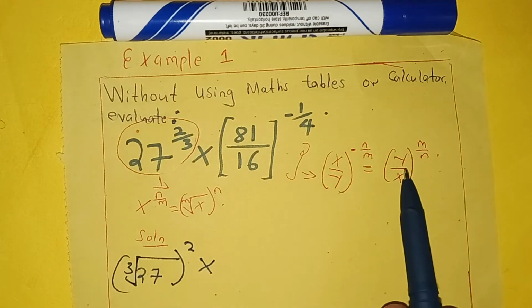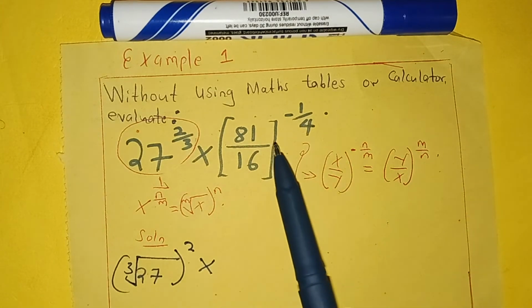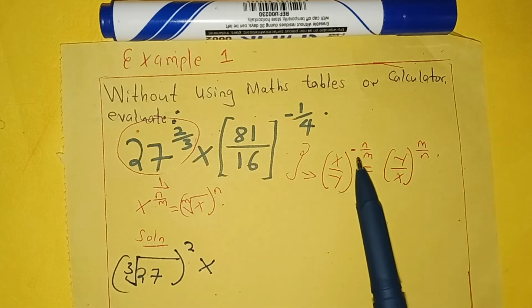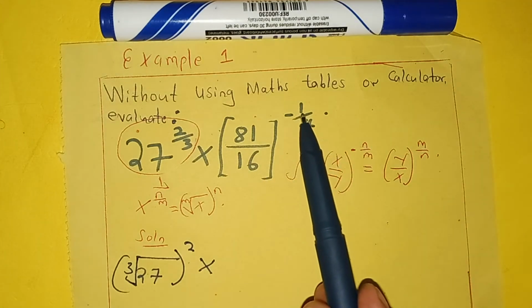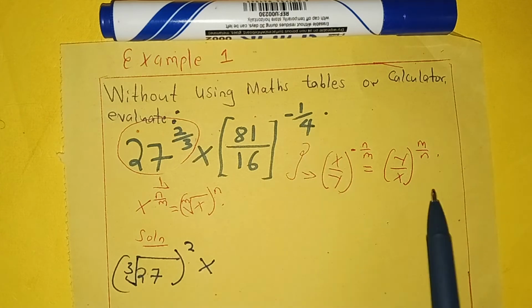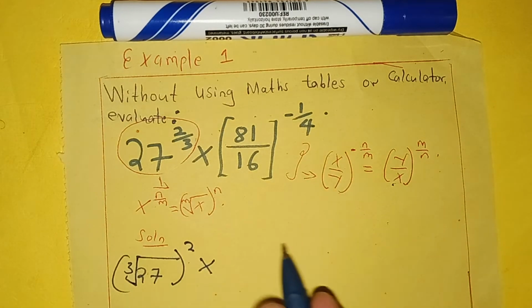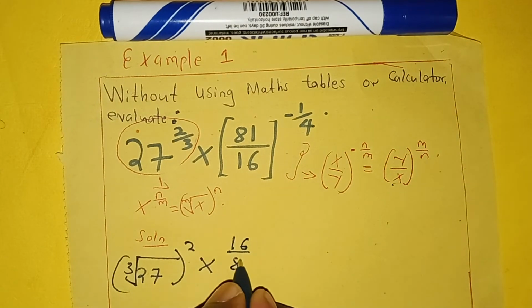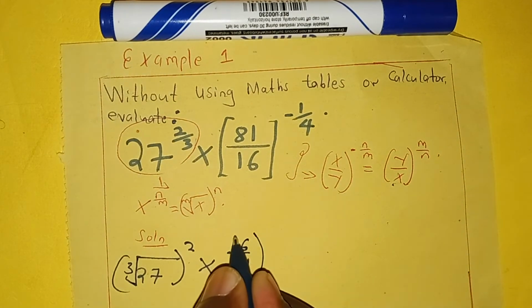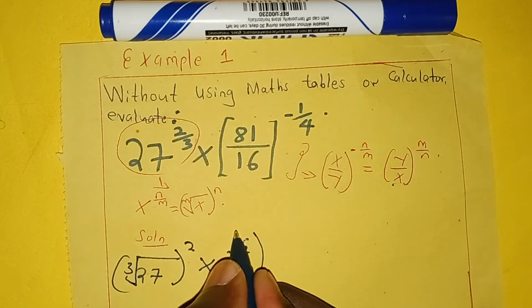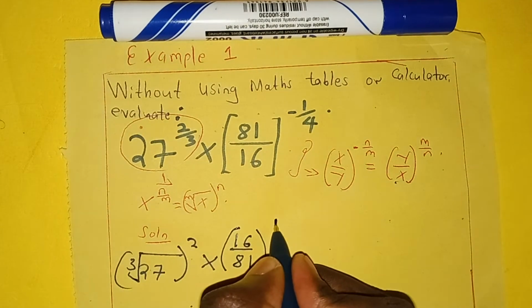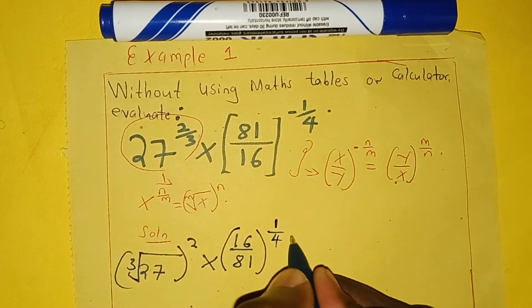We apply this law, so our x is 81, our y is 16, then our n is -1, then our m is 4. So it will be y, which is 16 over 81 raised to 1 over 4.